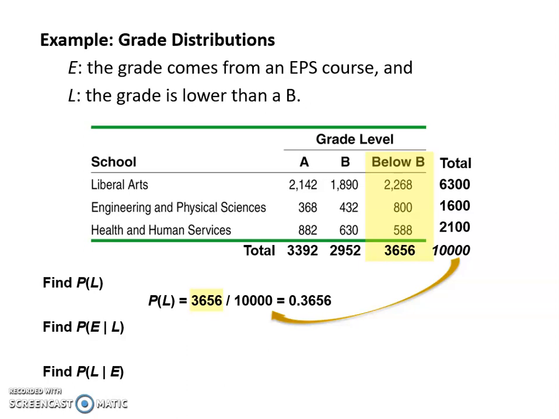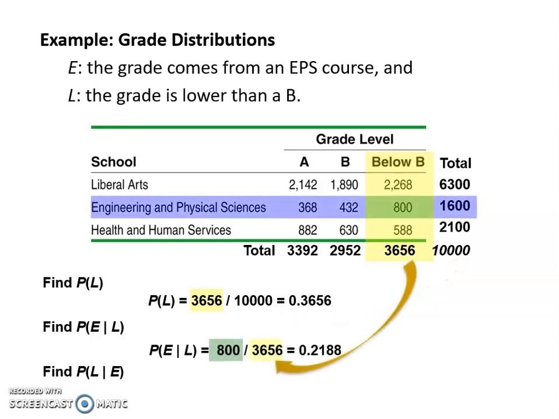Now, the next one. Find the probability that it was event E, given that event L already happened. So what's the probability that a grade comes from an engineering and physical sciences course, given that the grade is in fact lower than a B? So that's saying, if I were to have chosen a student or a grade that's lower than a B, what's the chance that it came from the engineering and physical sciences?